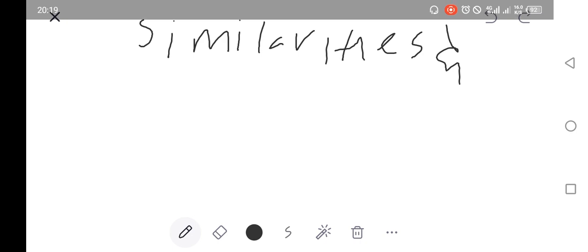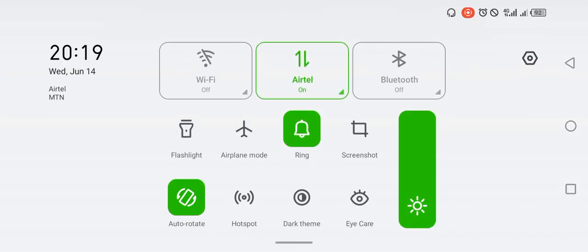So we are starting a new topic called similarities and congruence.